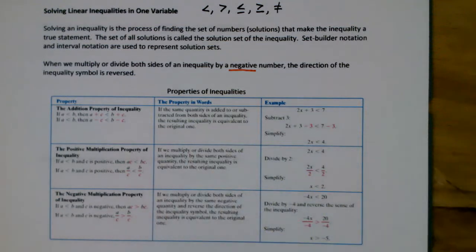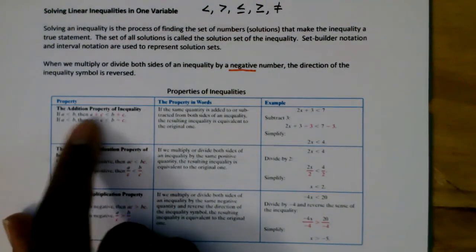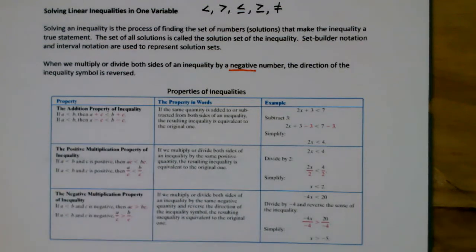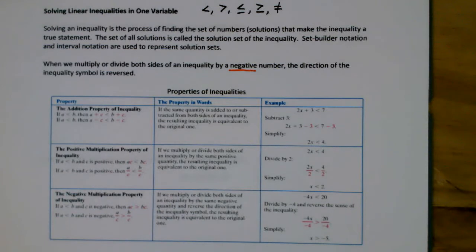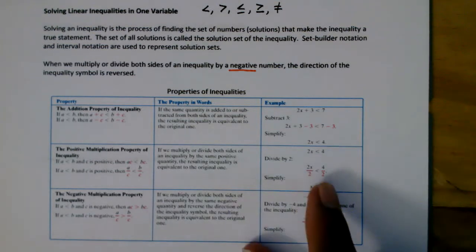These are the three properties of inequality. One is the addition property of inequality, meaning if you add or subtract the same quantity on both sides of an inequality, then the resulting inequality is equivalent to the original one. In other words, your inequality symbol will stay the same. The same holds true for the positive multiplication property of inequality. Multiply or divide both sides by a positive quantity, and your inequality symbol remains the same.